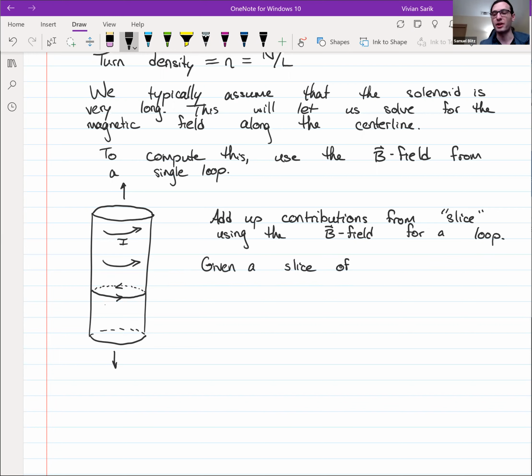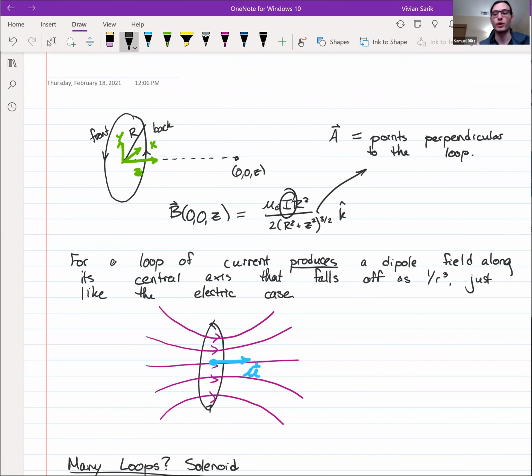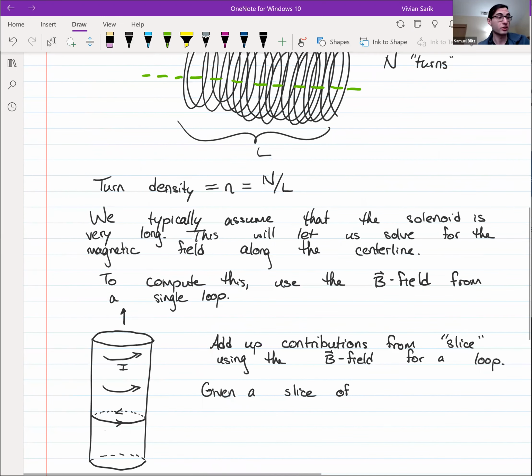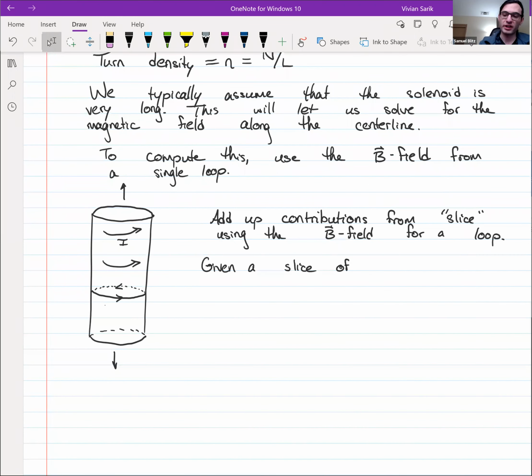The reason we need that, by the way, is because if we look up at our formula, it involves the amount of current in that loop. So if we're going to treat a slice as a loop of current, we have to know how much current is in it. Given a slice of thickness dz, how much current does it have?